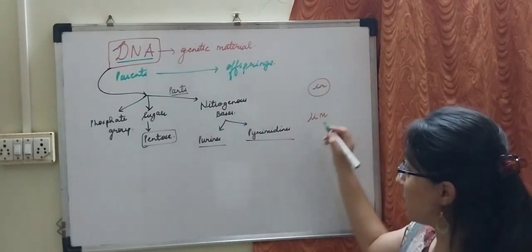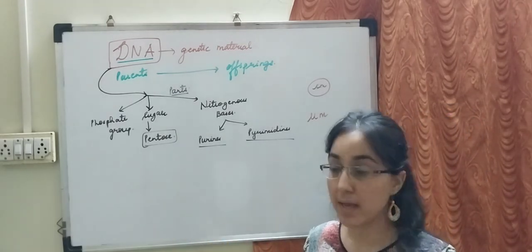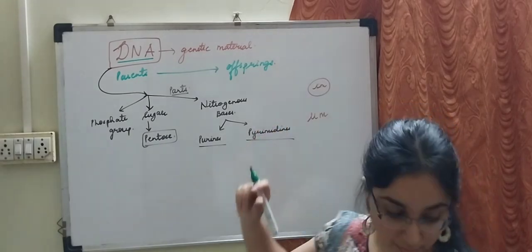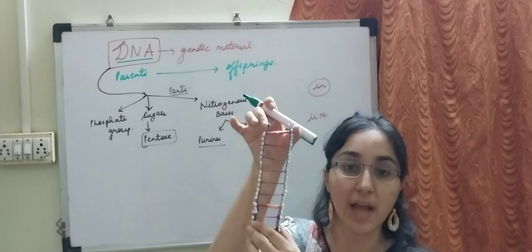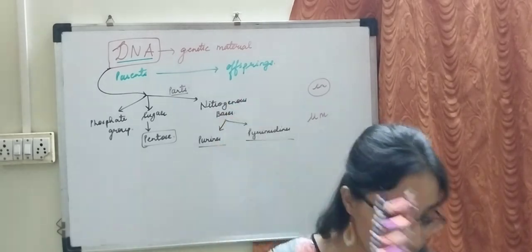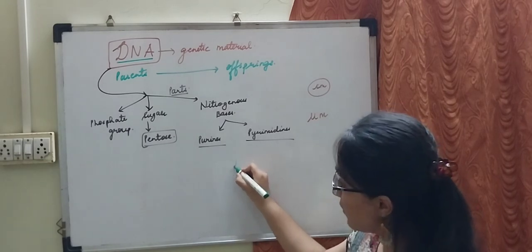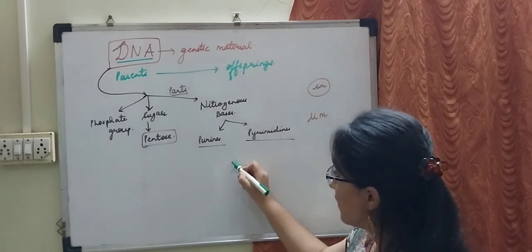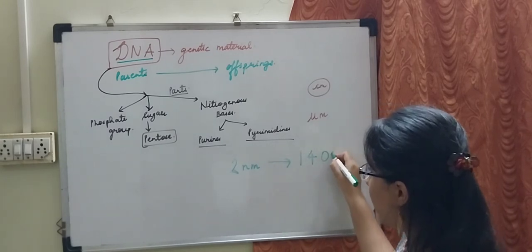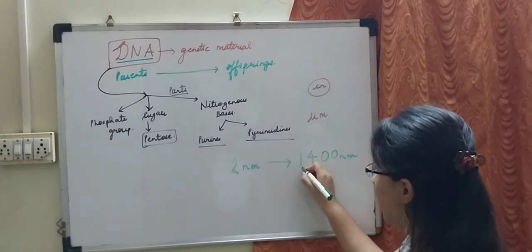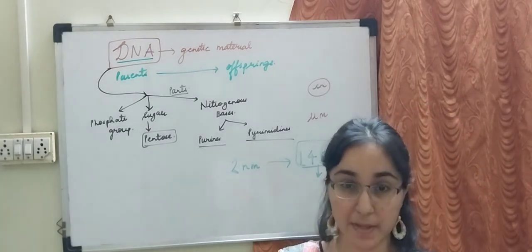So the whole length of the DNA is in centimeters, but the diameter, this size, is 2 nanometer. So the condensation goes from 2 nanometer to 1400 nanometer, and this 1400 nanometer something looks like this.